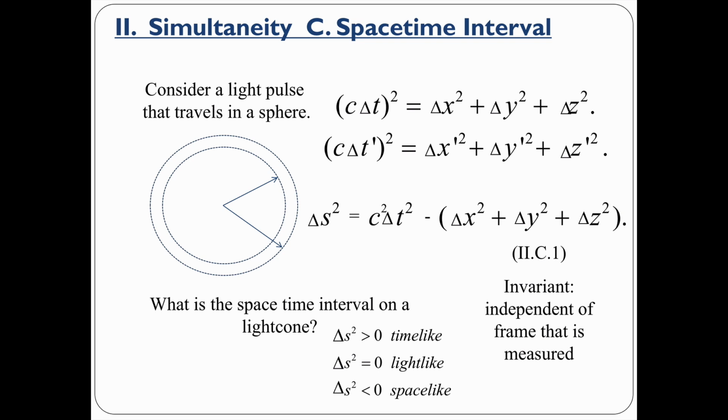This is more intuitive than you think. We had previously measured distances by looking at the difference in x and y and z squared and added those together in the square root, and we called that a length.